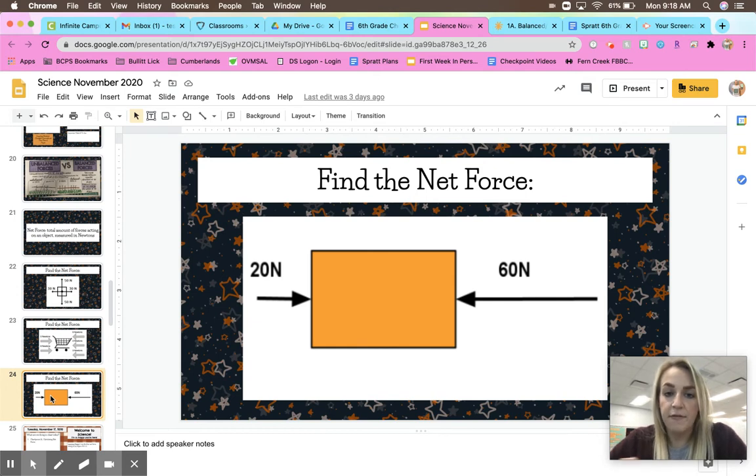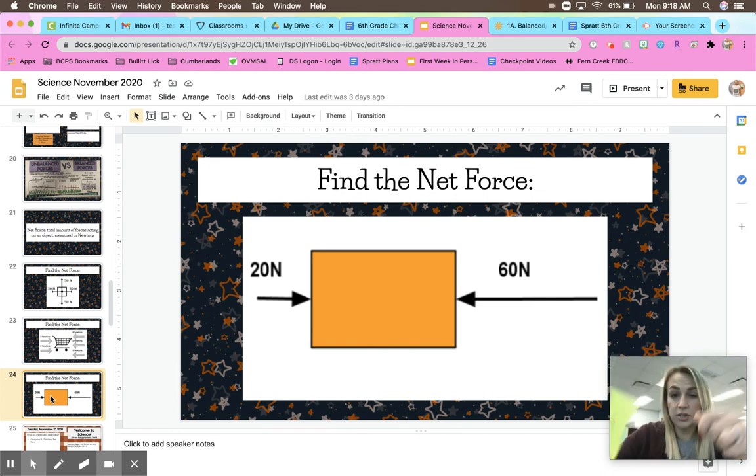Now, find the net force of this little guy. So, pushing to the right, we have 20 newtons. And on the left, we have 60 newtons.